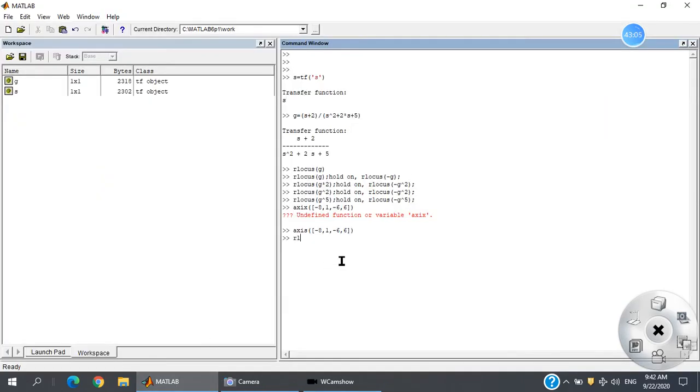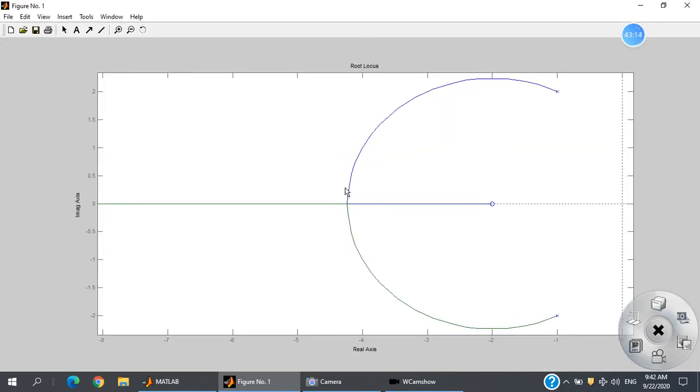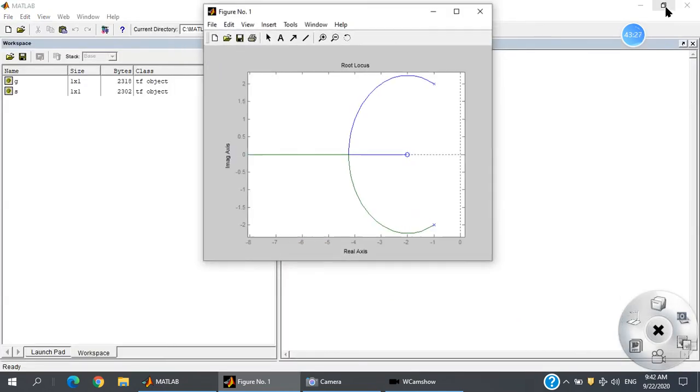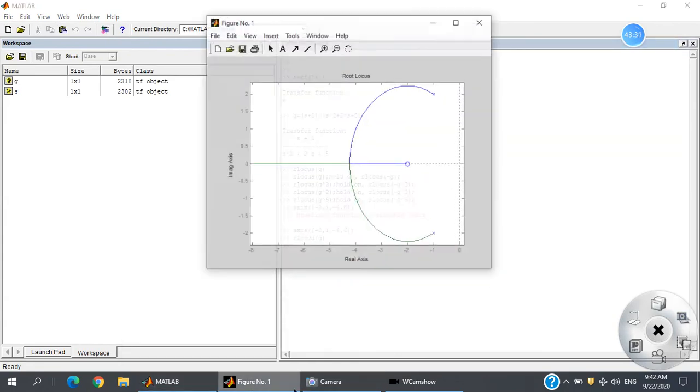Locus. Just G. Right, this is a break point, right? At the break point, we will have something like this one. I copy it to my notes. Okay. And this one.